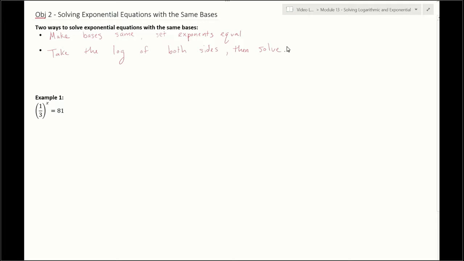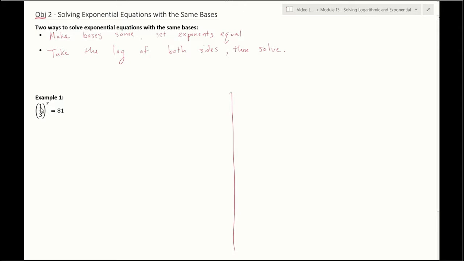Because we're taking the log of both sides, it's going to make it a little bit more complicated, but we have calculators. We can just put these values that we're getting in at the end, and if we do everything right, they're both going to come out to be the same. So let's look at this first example. I'm going to do it both ways.